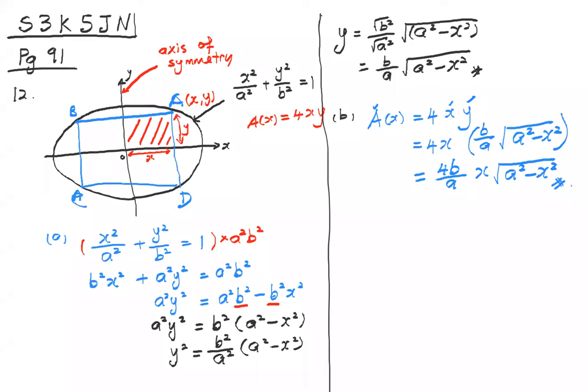Okay, to do part C, you have 2 choices. You can use the product rule, u equal to x, v equal to a squared minus x squared to the power half.